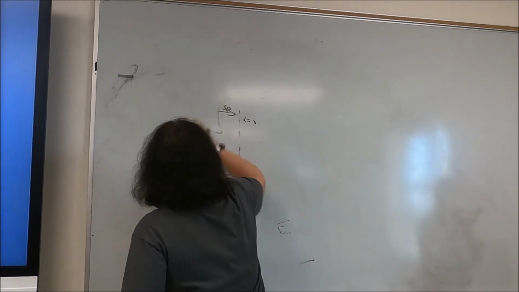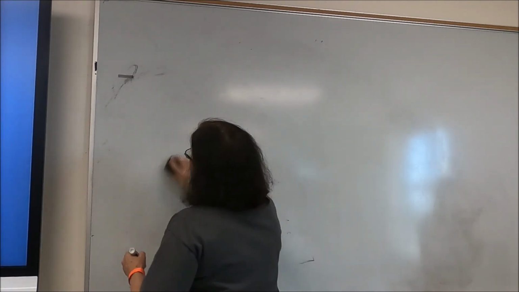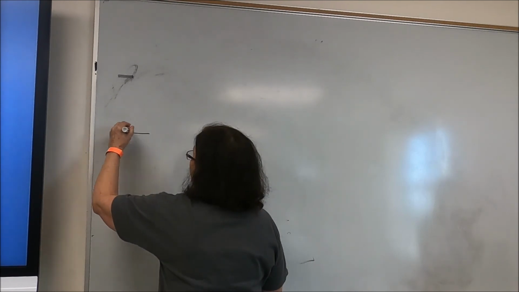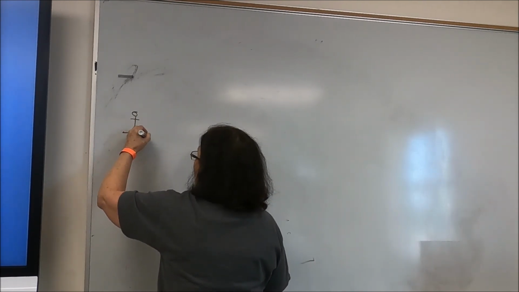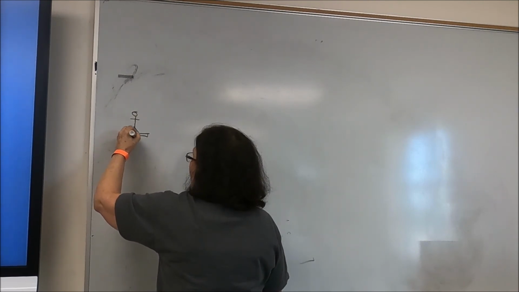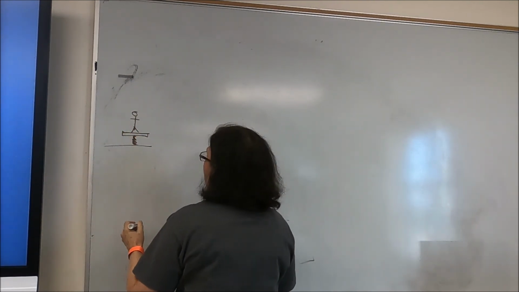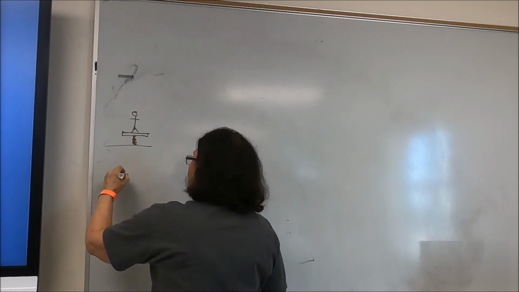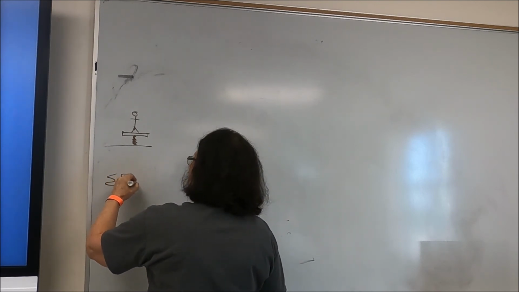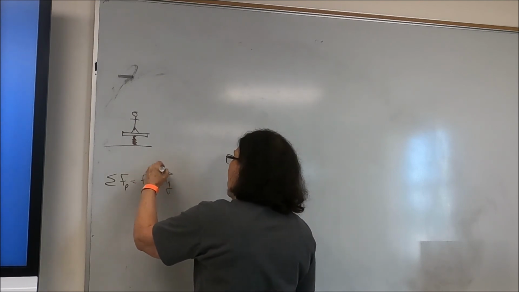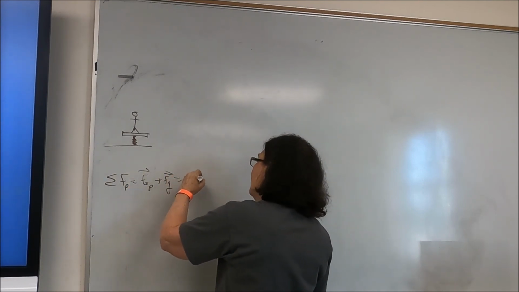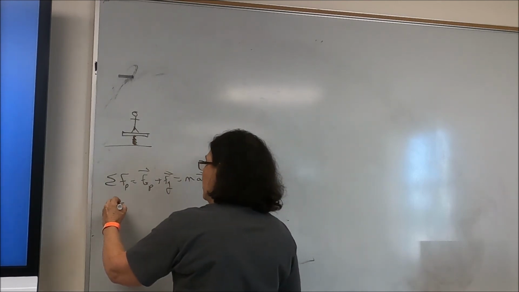So if we think about the person standing on the spring, okay? My person is sitting on that spring. Then if we look at the sum of the forces on the person, we've got the force from the spring plus force due to gravity has to equal mass times acceleration.